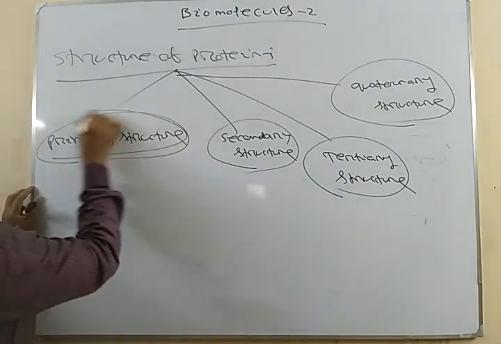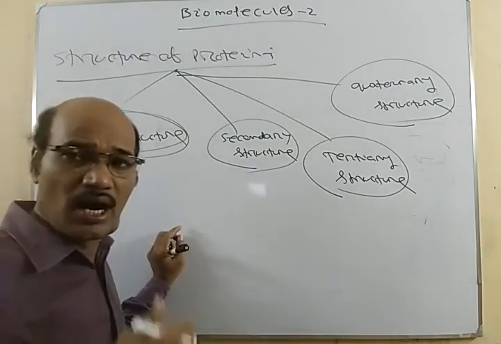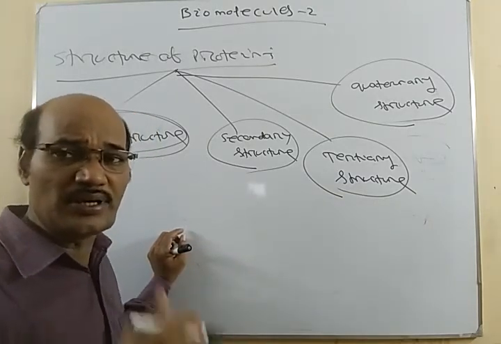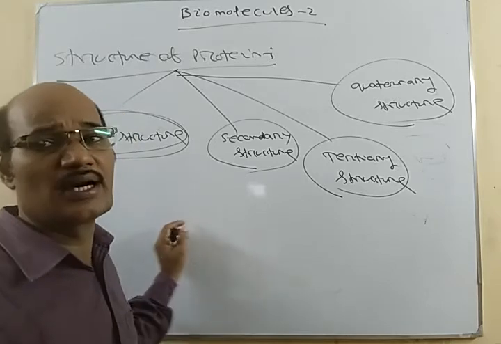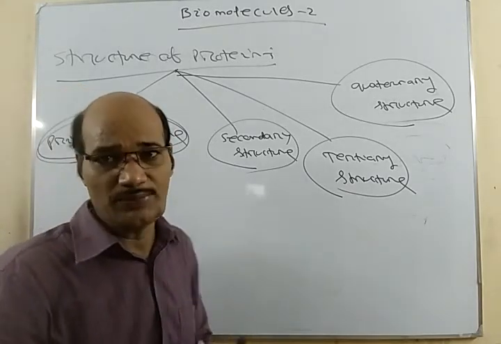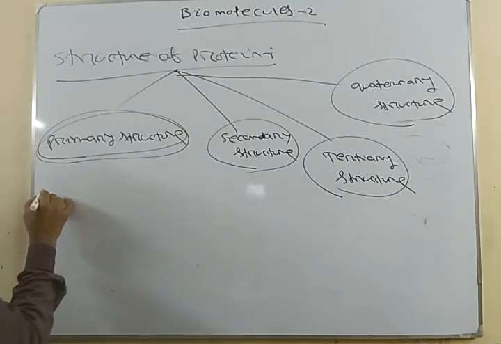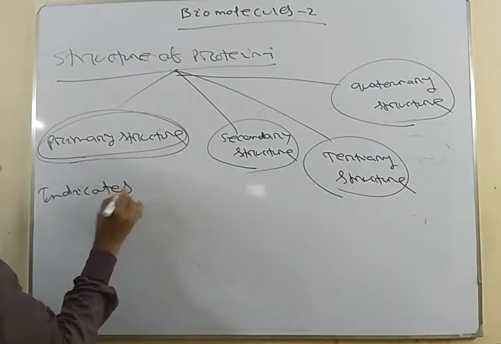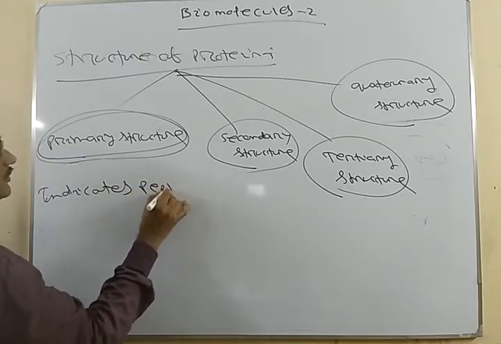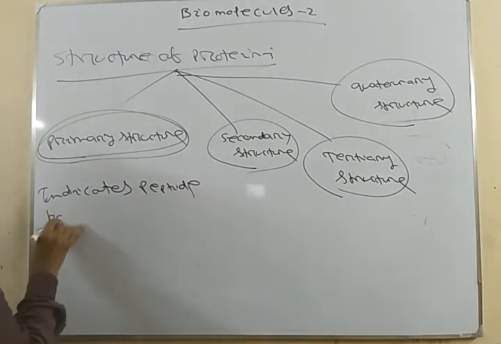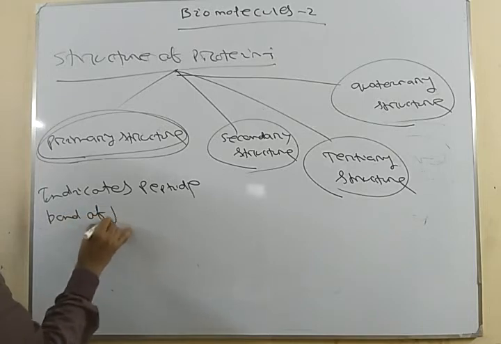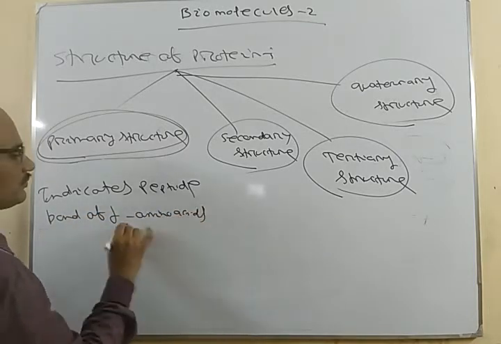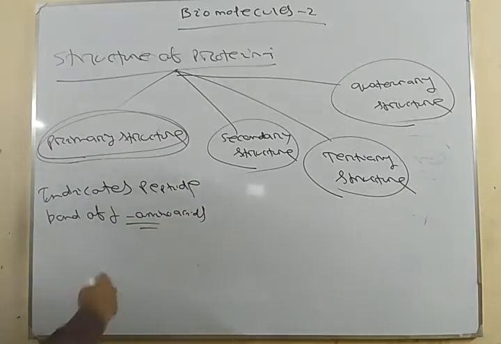So primary structure indicates how the different alpha amino acid molecules are arranged through the peptide bonds, and also how the atoms are arranged.